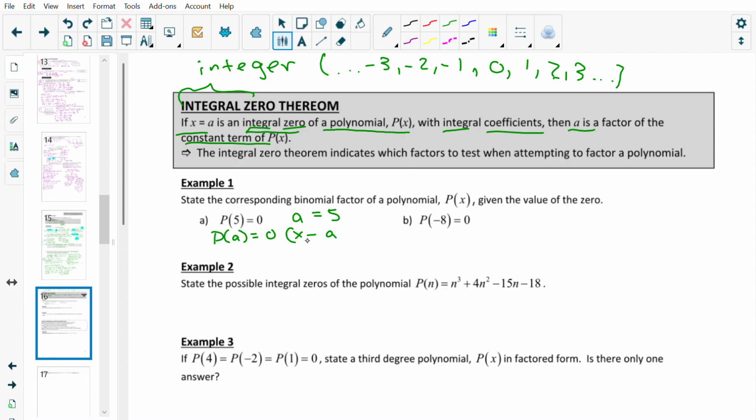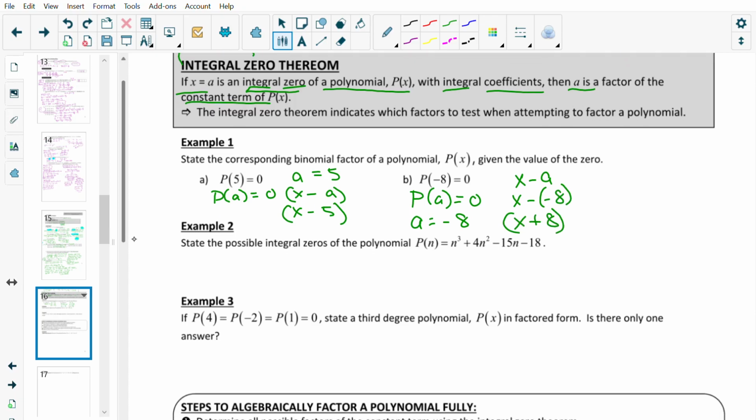If we're in the form x minus a as one of your factors, then x minus 5 is your factor. P of a equals 0, a equals -8, and we're in the form x minus a, x minus -8, then x plus 8 is your binomial factor.